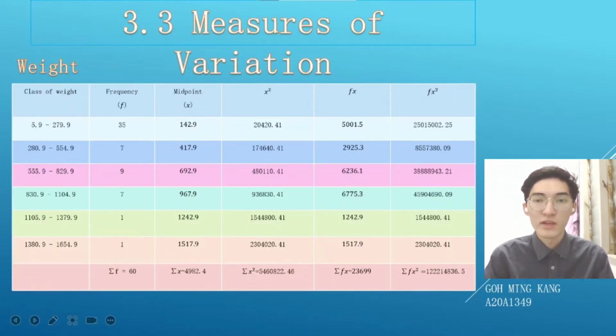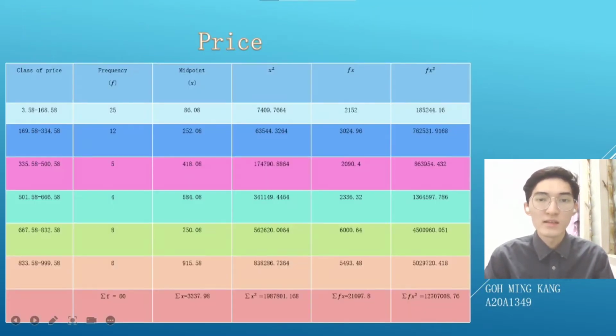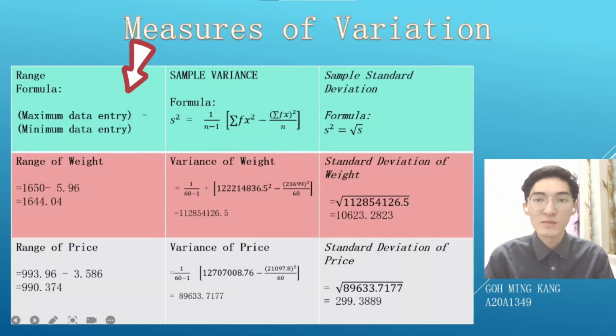Furthermore, 3.3 measure of variation. This is the complete table of wedge and this is the table for the price. The formula for range is maximum data entry minus minimum data entry. So the range of wedge is 1644.04 and for the price is 990.374.